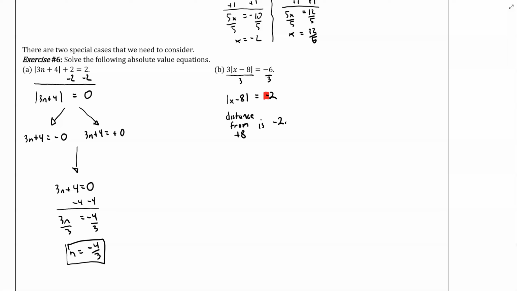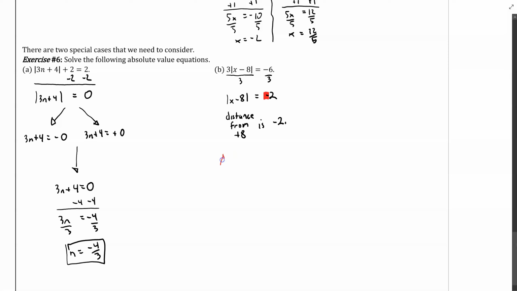See, distance is defined to be positive. You don't say you walk negative 5 feet to 7-Eleven, you just walk 5 feet to 7-Eleven. So in this case, whenever the absolute value equals a negative number, there is no answer, because there is no math interpretation for an absolute value being negative.